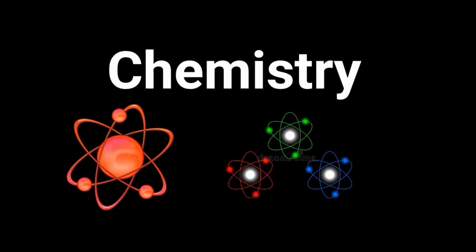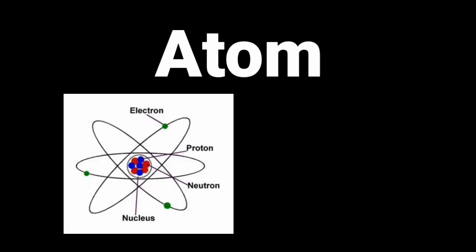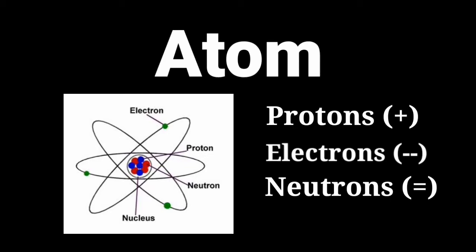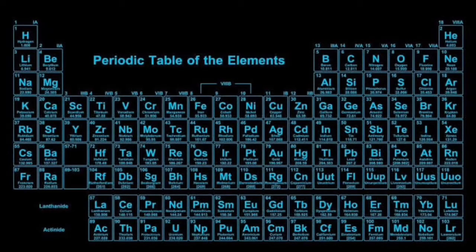In this topic, there is a little bit of chemistry because it involves the atoms of an element. We know that all atoms have subatomic particles: protons, which have a positive charge, electrons, which have a negative charge, and neutrons, which are neutral. If you look at the periodic table of elements, you find in the top left corner the atomic number of the element.